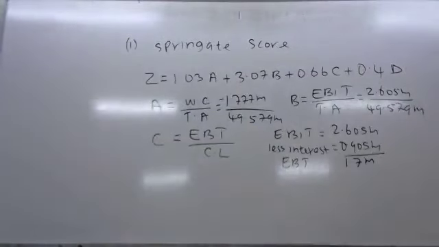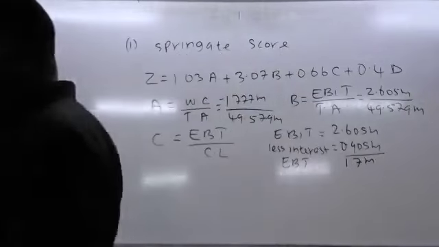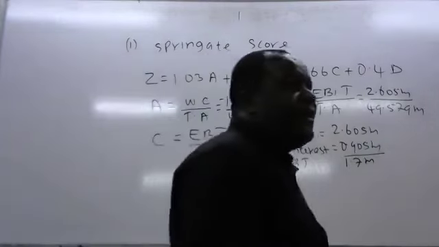When you check at the end of the question, after the interest, they say that the company's total liability is constituted in the ratio of 2:5 between current and non-current.